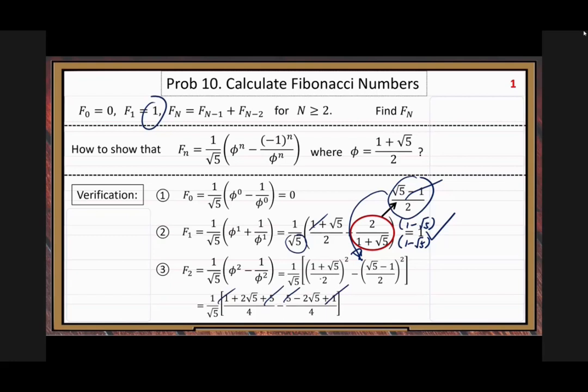So 4 root 5, outside root 5 cancel out. 4, denominator 4 cancel out. So we get 1. We know it's correct because 0 plus 1 is 1. F2 equals 1. We know that easily. So here you can see we verified the first 3 Fibonacci numbers.